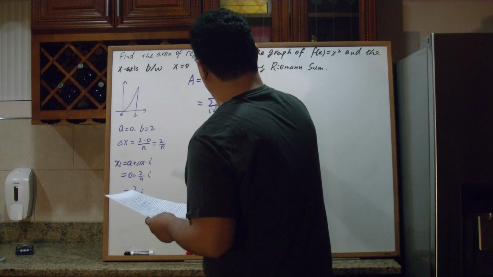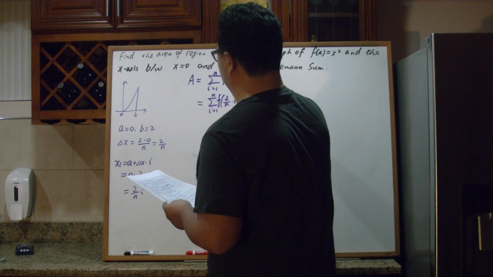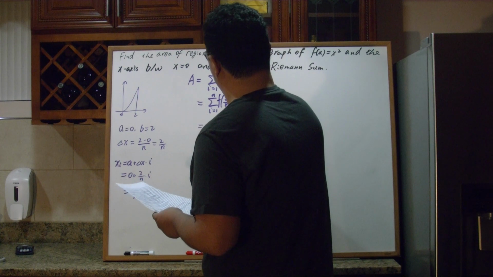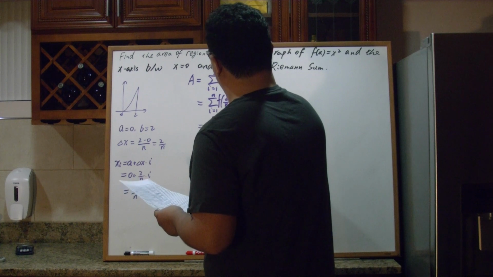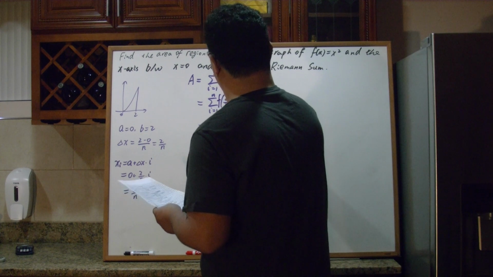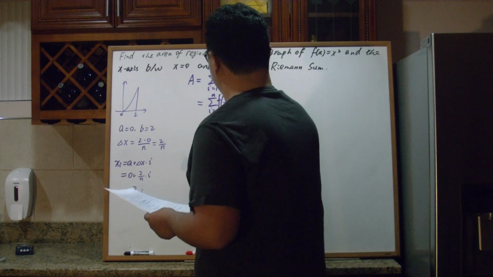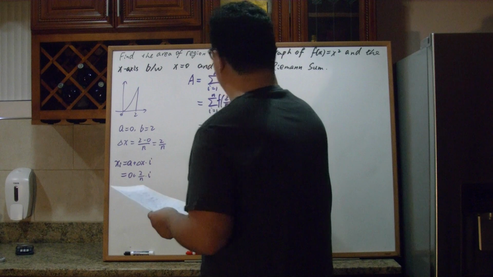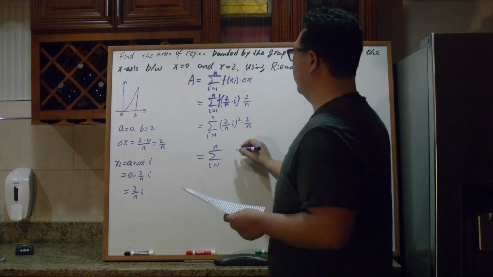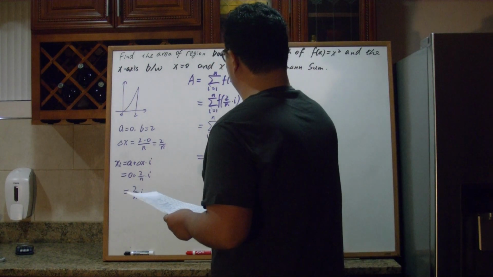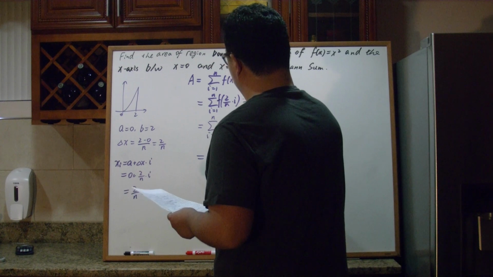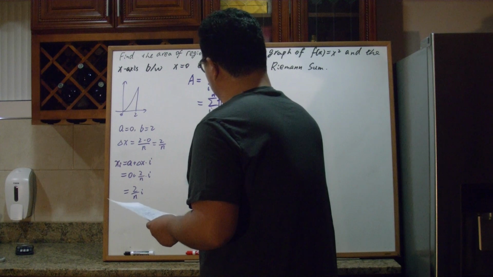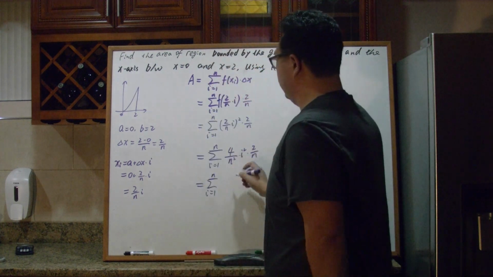If I do one more step, that's f of 2i over n times 2 over n, which is the summation of i from 1 to n of 4 over n squared times 2 over n, that is 8 over n cubed.